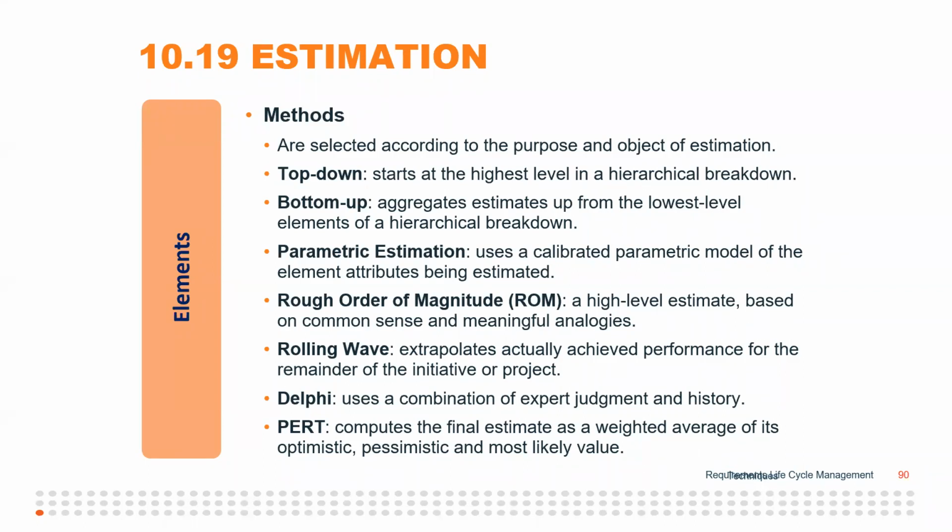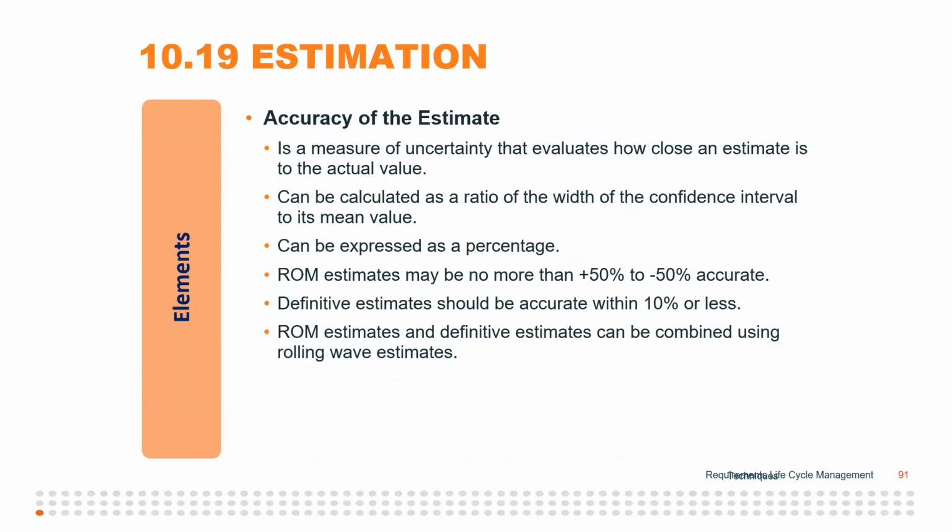And then there's PERT estimation, which computes the final estimate as a weighted average of its optimistic, pessimistic, and most likely values. And as I say, when I took the real CBAP exam, there was a PERT estimation question. I'm just saying.